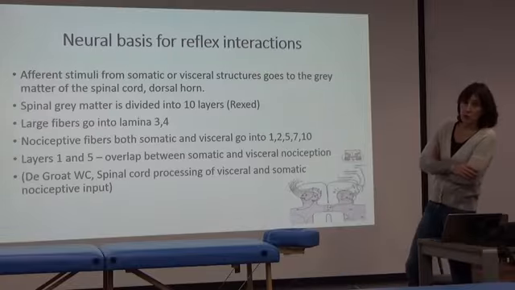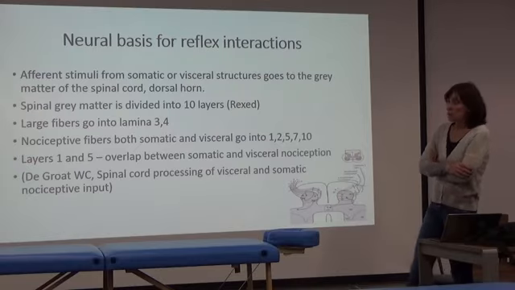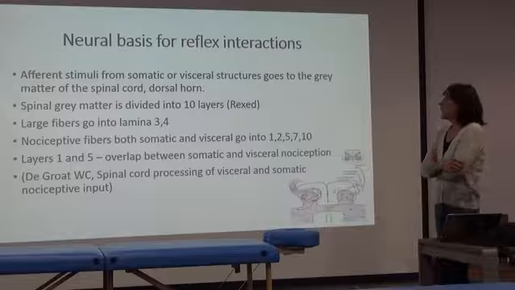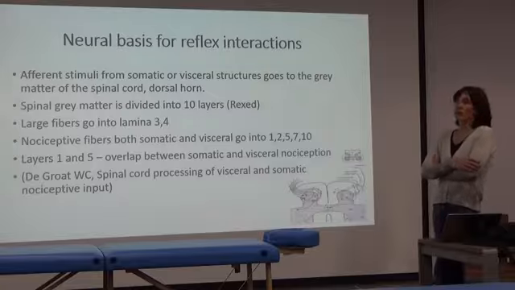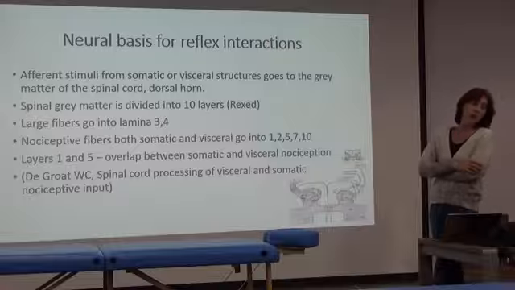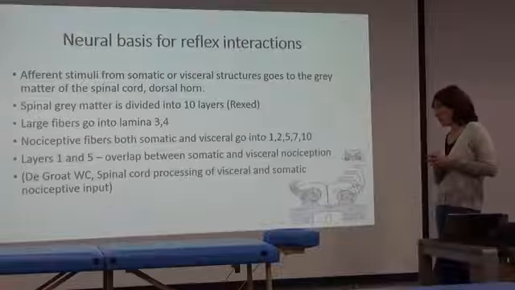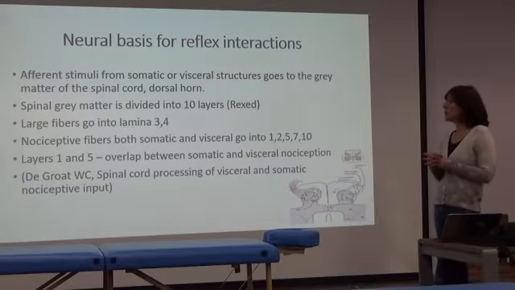So we know that all afferent stimuli go through the dorsal horn to the spinal cord. Then the spinal gray matter is divided into 10 layers, Rexed layers. And we already discussed that we have large fibers and small fibers, fast fibers and slow fibers, the fibers which carry sensation from muscle, ligaments and other proprioceptive structures, and we have nociceptive fibers which carry the signals about the damage.